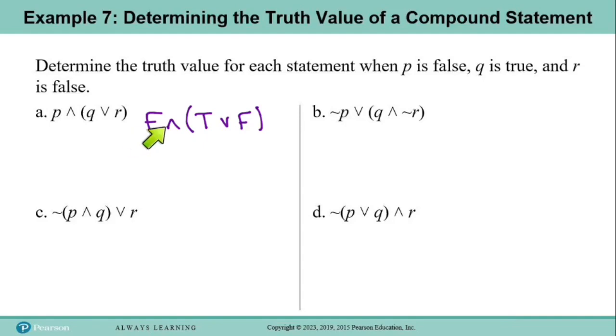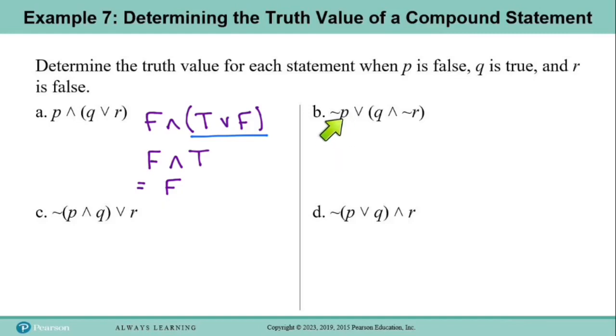That's going to give me false and true. Now the next thing we're going to evaluate is the and statement. And we know that an and statement can only be true if both components are true. And so this and statement is false. So for these truth values, this compound statement is false.